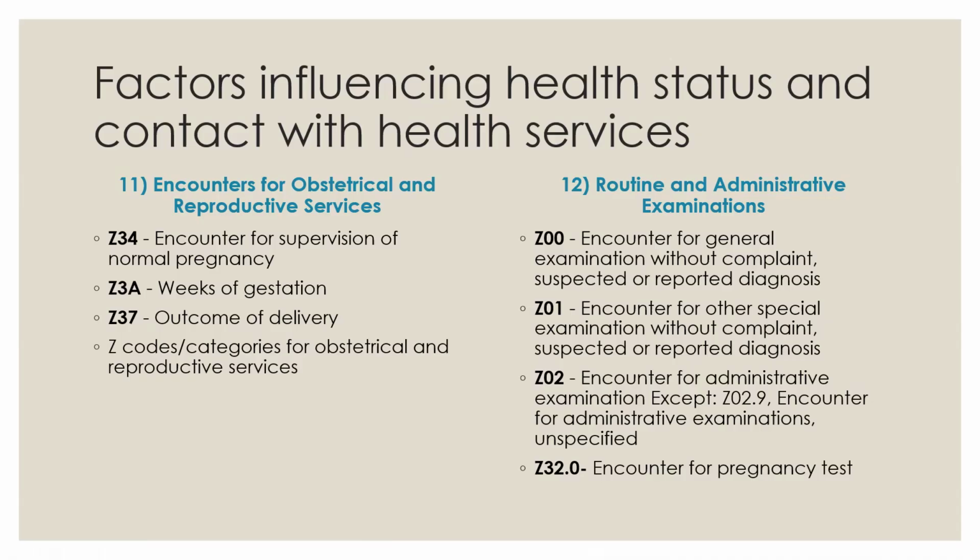For example, if no abnormal findings were found during the examination, but the encounter is being coded before the test results are back, it is acceptable to assign a code without abnormal findings. When assigning a code for with abnormal findings, additional code or codes should be assigned to identify the specific abnormal finding or findings.